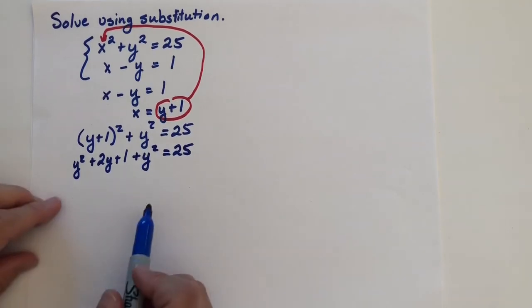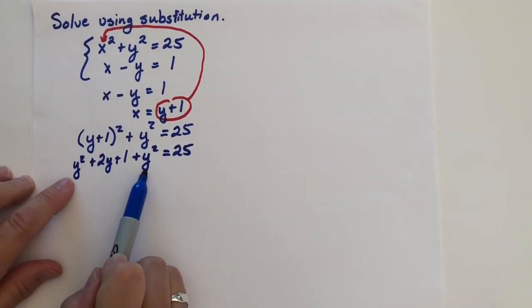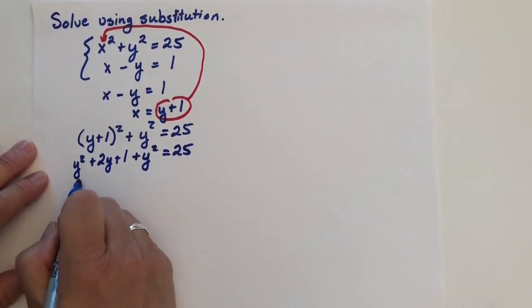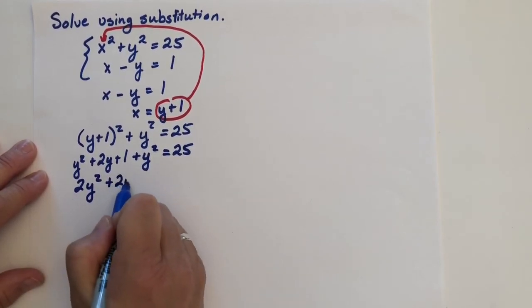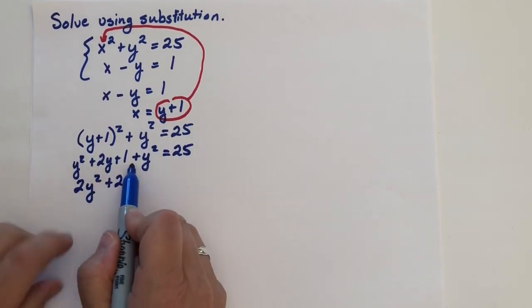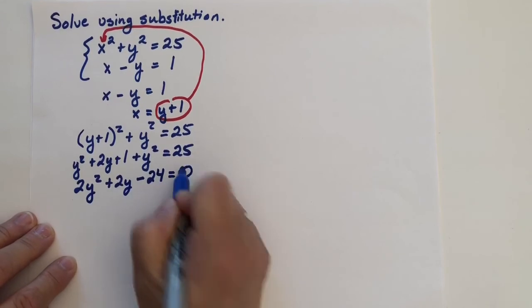Let's set this quadratic equation equal to 0. And as I do that, I'm going to combine these like terms. So I have 1y squared plus 1y squared. That is 2y squared plus 2y. I have this 1. I'm subtracting 25 from both sides. So I'd have minus 24 equals 0.